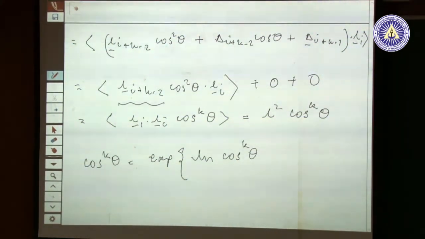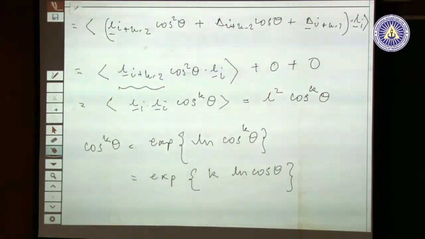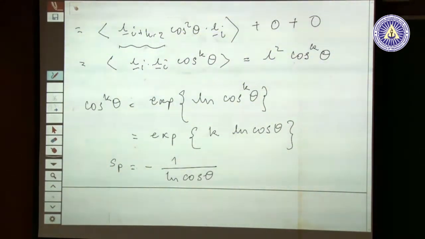So you are just taking an exponential and a log, and so this is exponential of k log cos theta, okay. And we are going to introduce a notation here, and I am going to say SP is minus 1 over log cos theta.